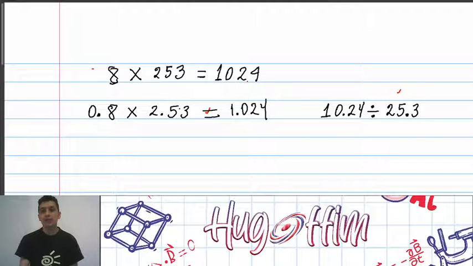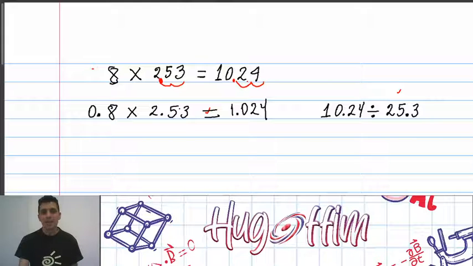So I have 1024, so I'm going to divide by 100 to have 10.24. If I divide by 100, maybe it could be possible that I divide this number by 100 as well, so I got 10.24 here and 2.53 here.